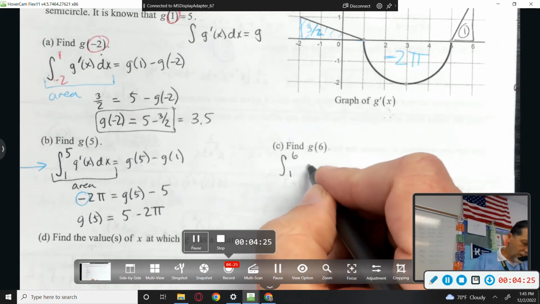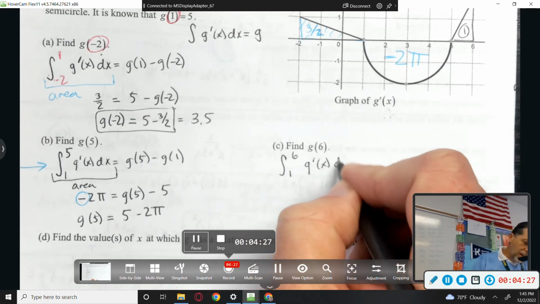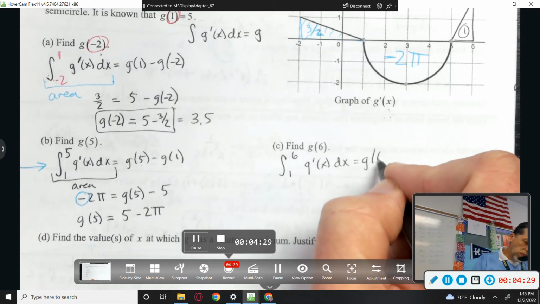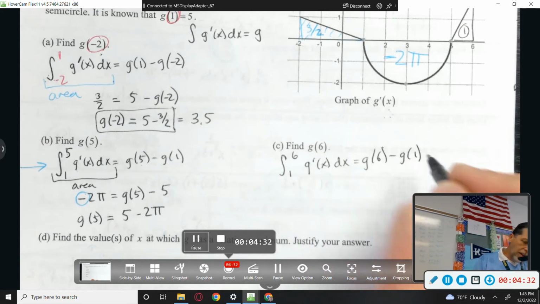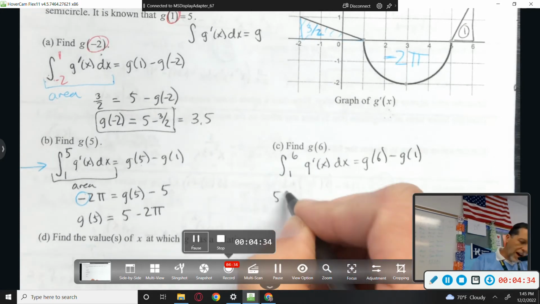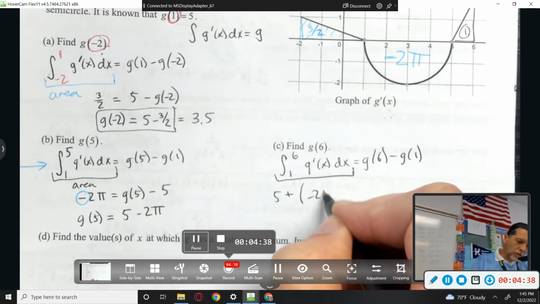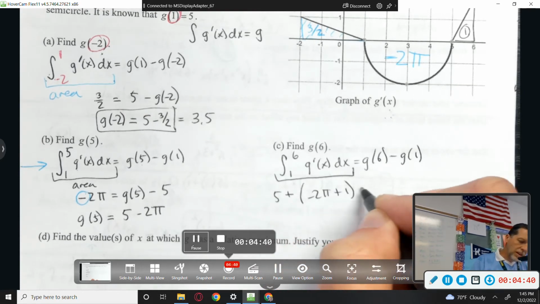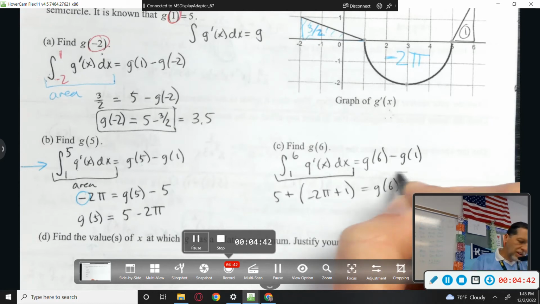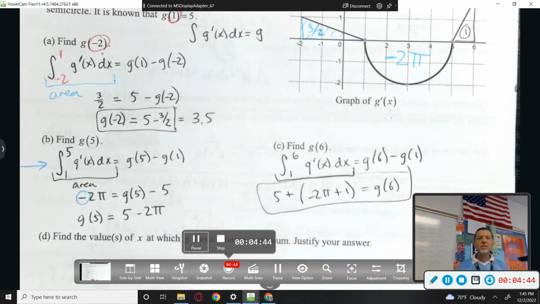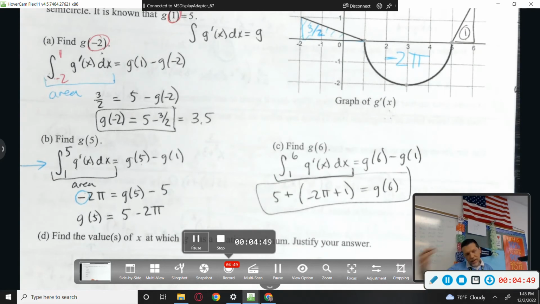Okay, so 5 plus this area, and that area is -2 pi plus 1 equals G of 6. So yeah, I did add 1 because we added the area of the next spot.